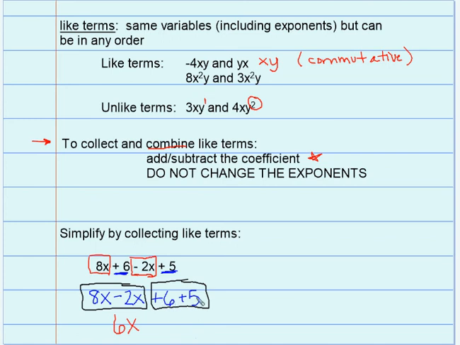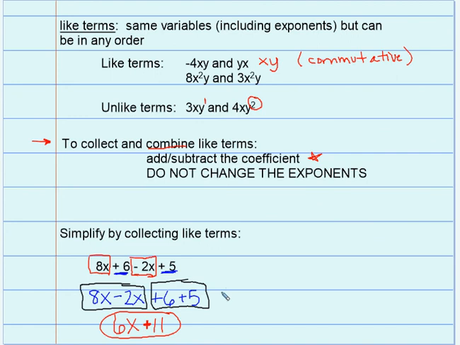And plus 6 plus 5, we're adding two positive numbers, so we end up with a positive 11. And that is your answer. There's nothing else that you can do at this point.